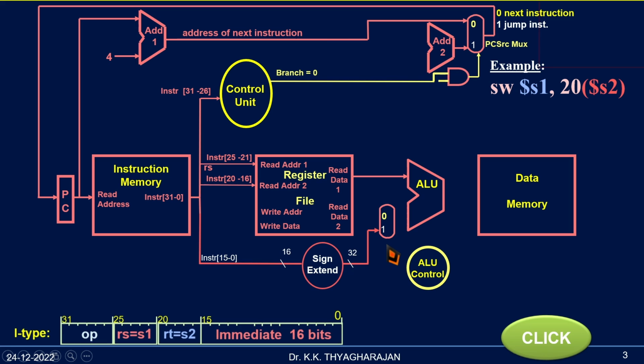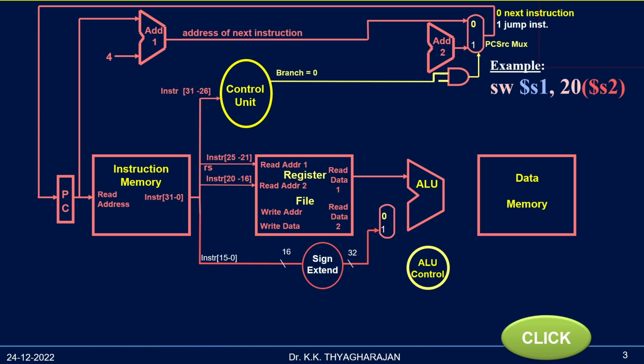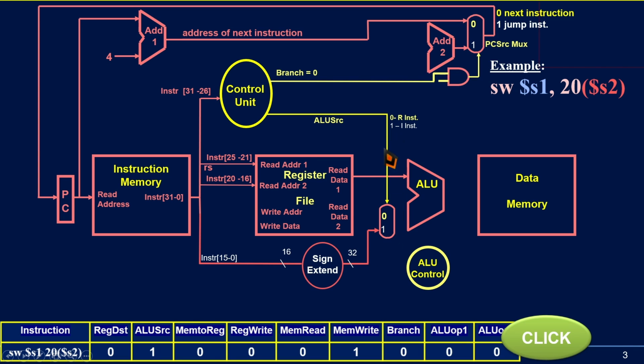This input is selected by asserting the control line ALU source to logic 1. If this is logic 1, that is, the control signal for this multiplexer is logic 1, then this 32-bit value will be passed to the ALU.